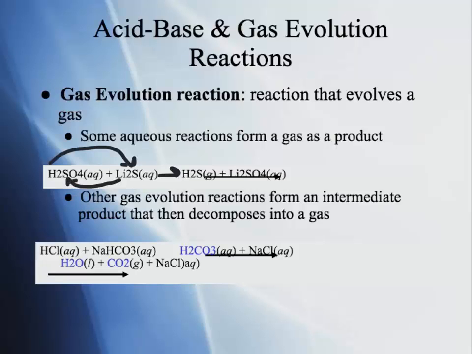We have to always look to see on our solubility chart if anything is going to be a solid. Okay, in this case, this is sulfates, and sulfates are soluble if they're hooked up with an alkali metal, which lithium is. So this guy is aqueous. And H2S is a gas, and there's not really a good trick to it.